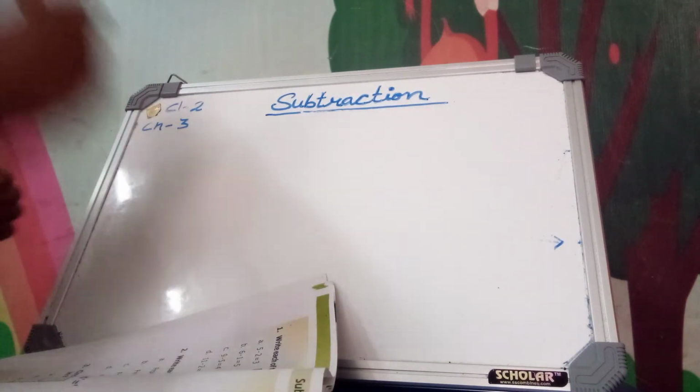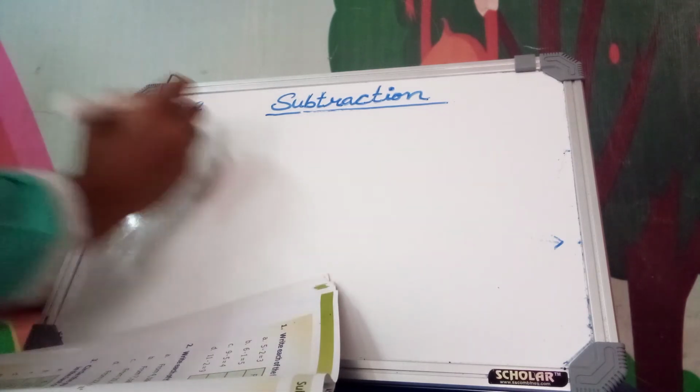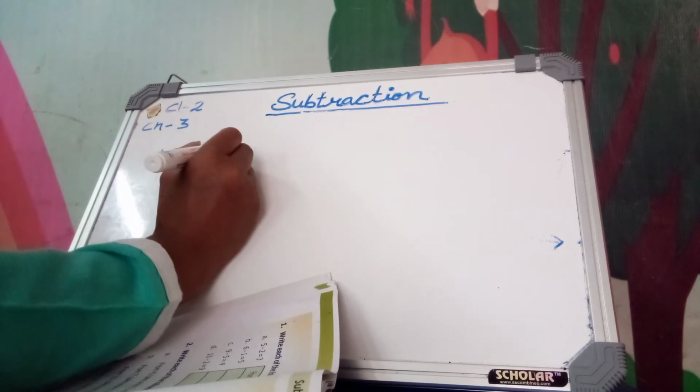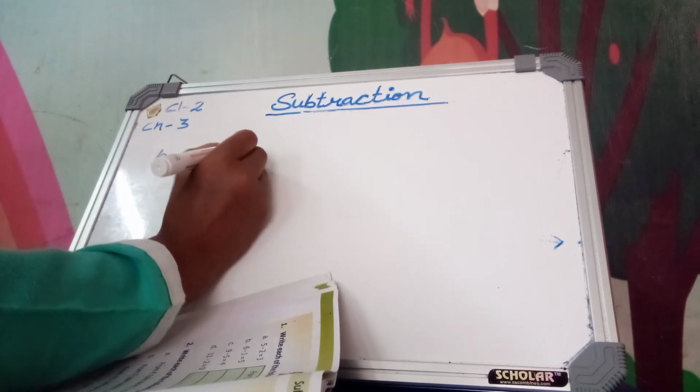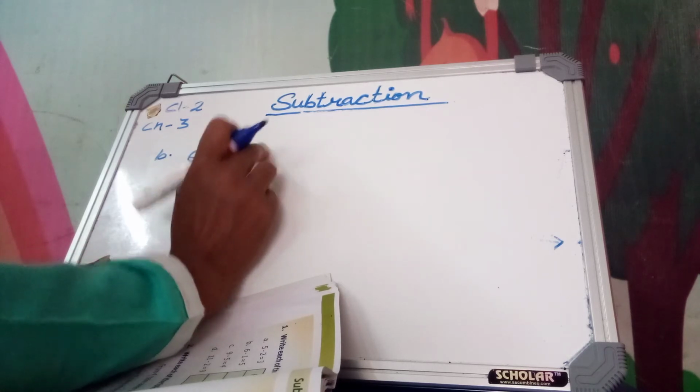Now look at B. 6 minus 1 equals 5. How to write this?